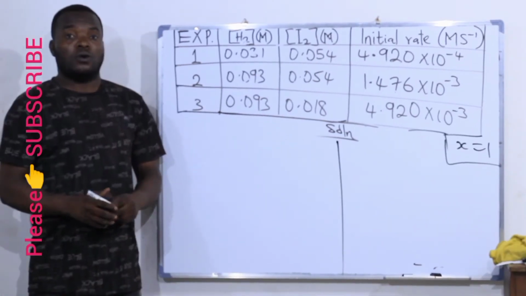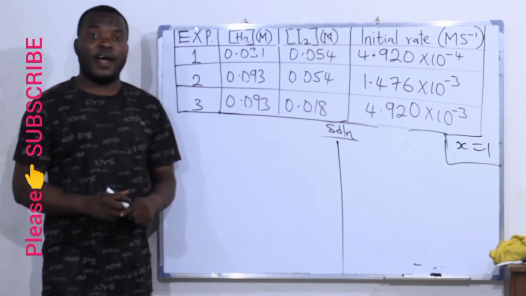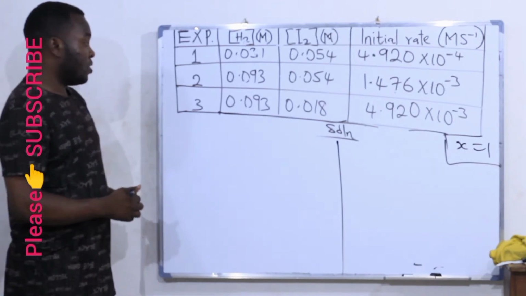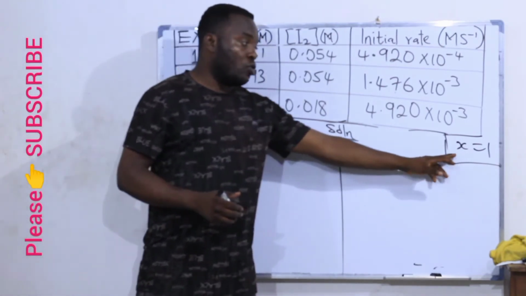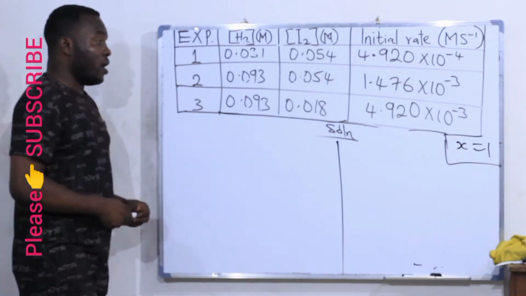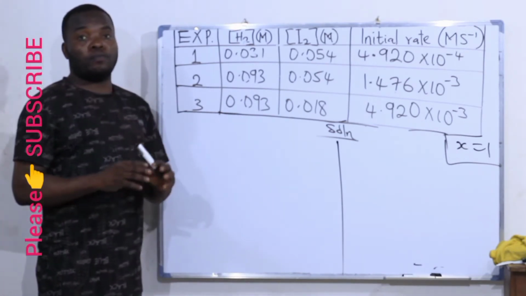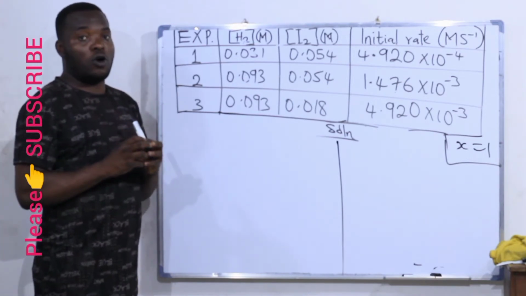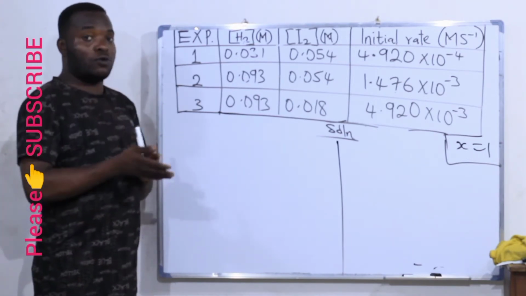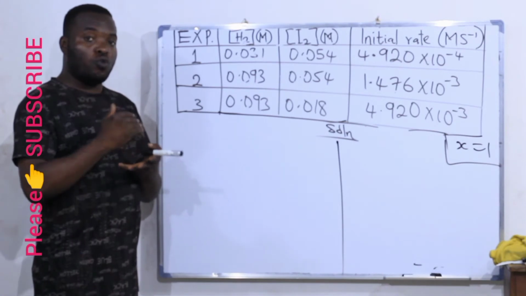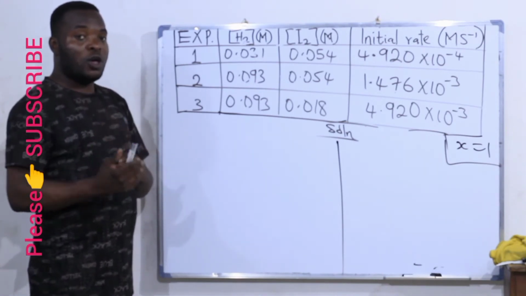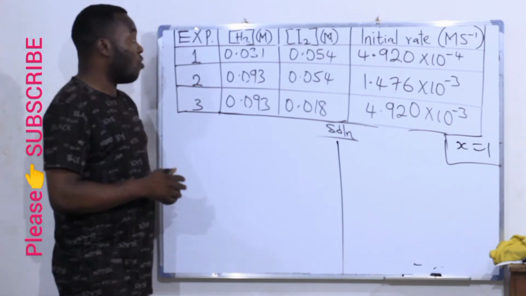Alright, we are now going to find the value of y. We have found our x and we got 1. Now we are going to find y. And for us to find y, we are going to look for the values of x that will cancel out. That is, we'll choose where x will have equal values and where y will not have equal values.